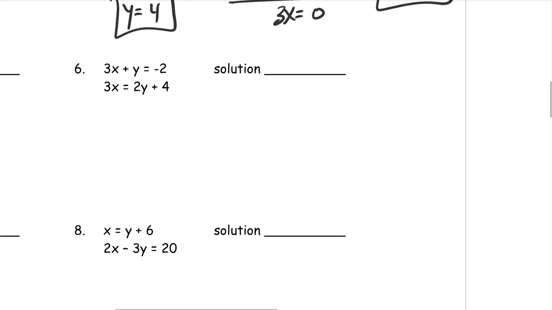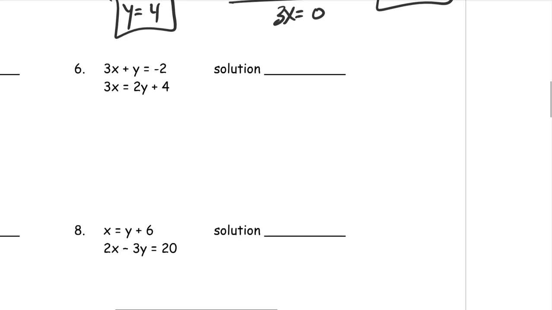Number 6. There's a bunch of different things we could do on 6. Let's move our y over. There's a bunch of different ways you can do this.